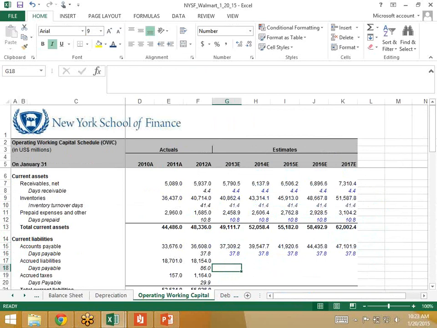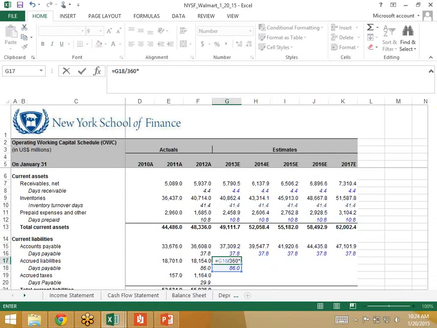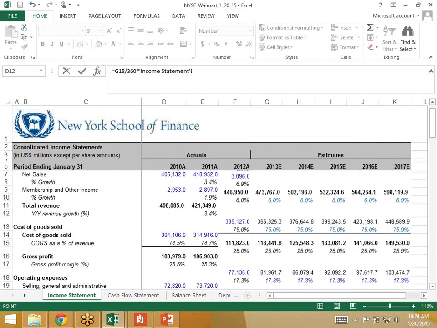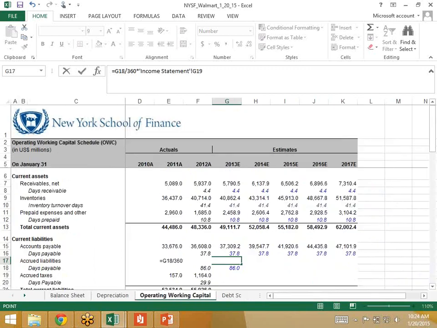Accrued liabilities, 86. Sorry, 86. And the formula is equal to 86 divided by 360 times SG&A, which we looked at, right?